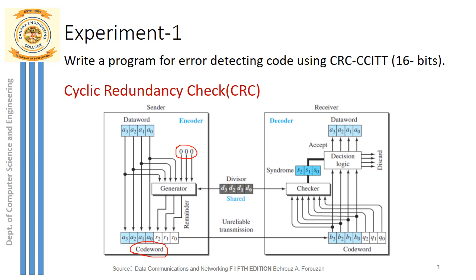At the receiver side, we have a decoder. The code word received by the receiver will be fed into the checker, which will check for error, if any. The checker also will perform a binary division operation by considering the same divisor used by the sender and the code word as the dividend.